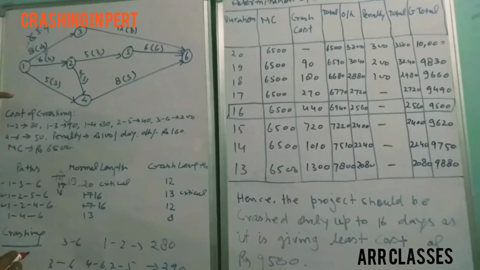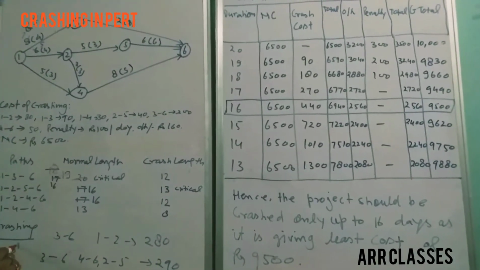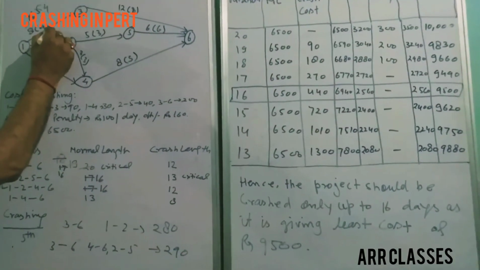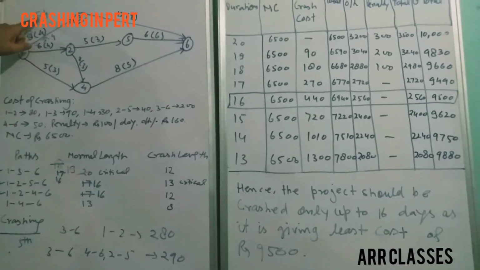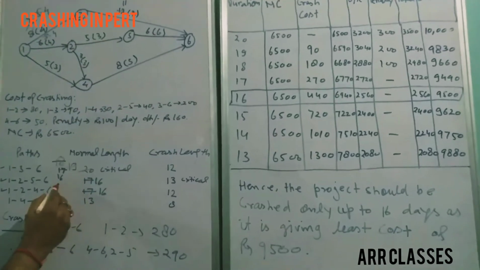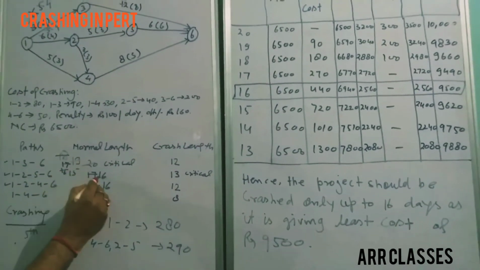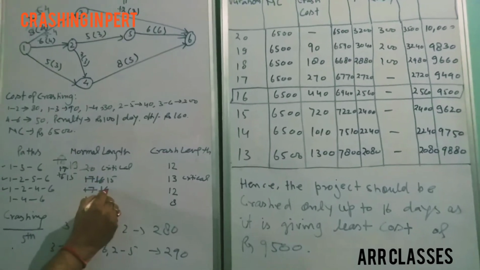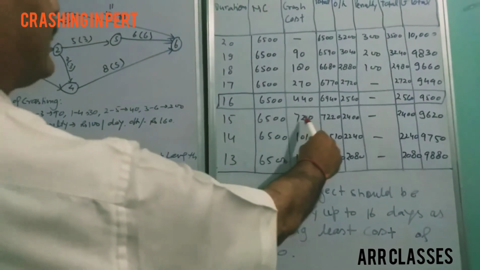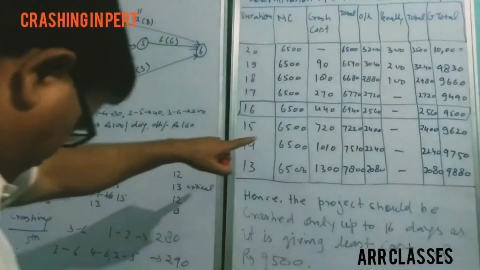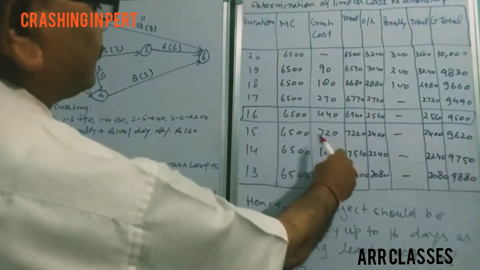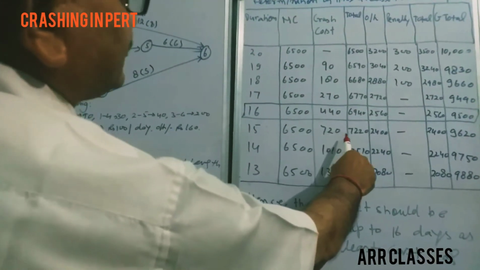So at the fifth crashing, the activity to be crashed becomes 4. Now no more, it will be crashed further, and here it becomes 11. Here it is recorded as 15, 15 and 15, and at 15 days the cost 280 has been added to it, so it becomes 720.